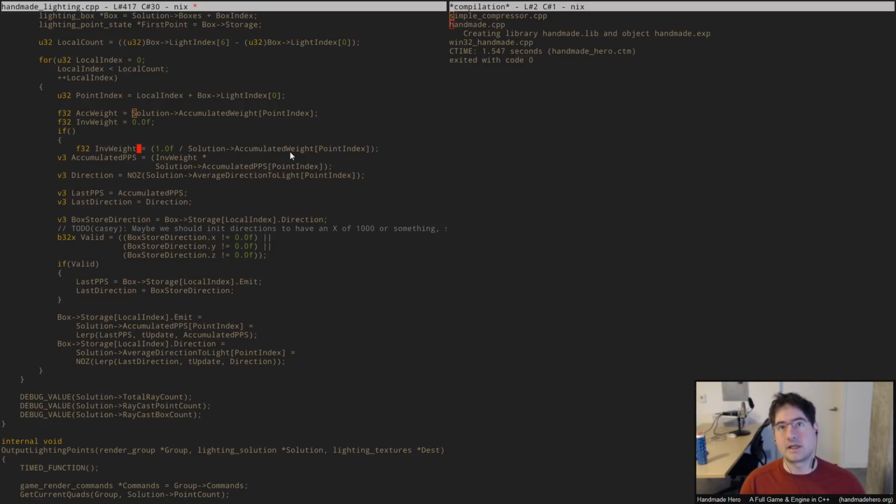But if we switch to bidirectional, that won't be true anymore. So I'm just going to keep it this way. We won't need to do this if 0 check because there's no way you'll ever get 0 samples, but you could get more than the average number of samples as well. So I'm just going to do the full thing for now. But in the future, we will simplify this a little bit.